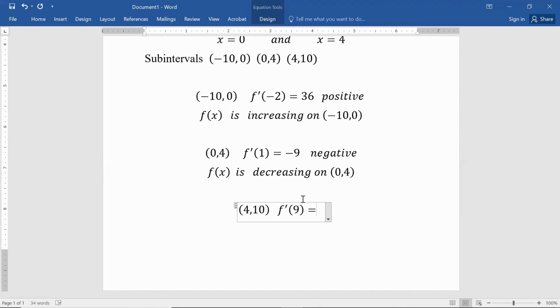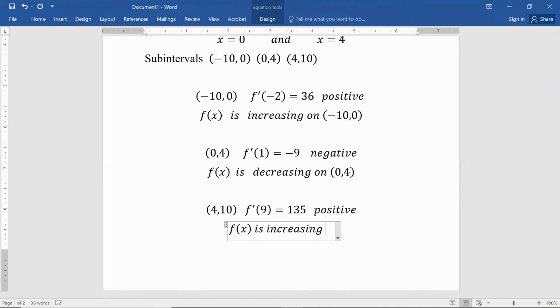I chose 9. When you plug in a 9, you get 135, which is positive. And we can see that the function, therefore, is increasing on the interval 4 to 10.